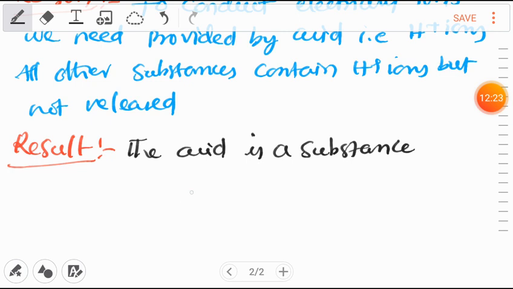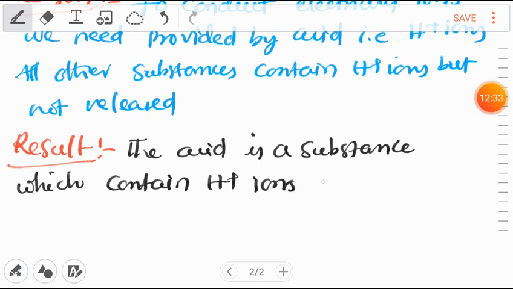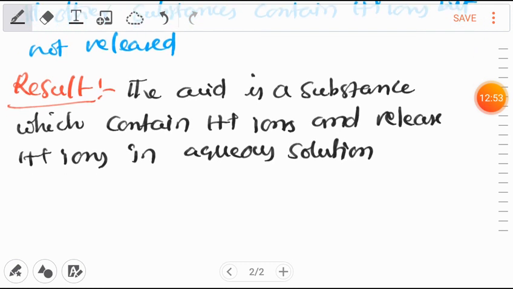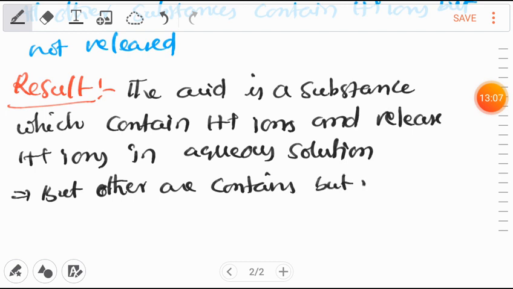But others contain H plus ions but do not release them.